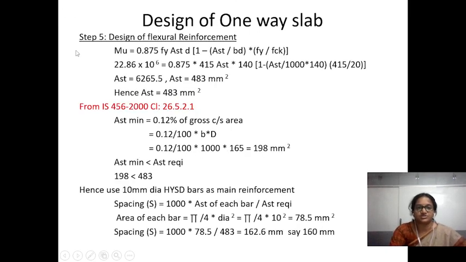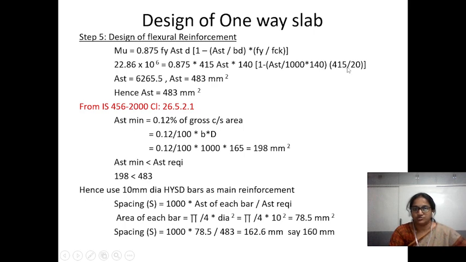Now coming to step 5, which is nothing but the flexural reinforcement. Here the formula is Mu is equal to 0.87 Fy into AST into D into 1 minus AST by BD into Fy by FCK. I have substituted the bending moment value and Fy as 415. AST we have to calculate, so I have kept it as AST, and B is equal to 1000 and D is equal to 140.